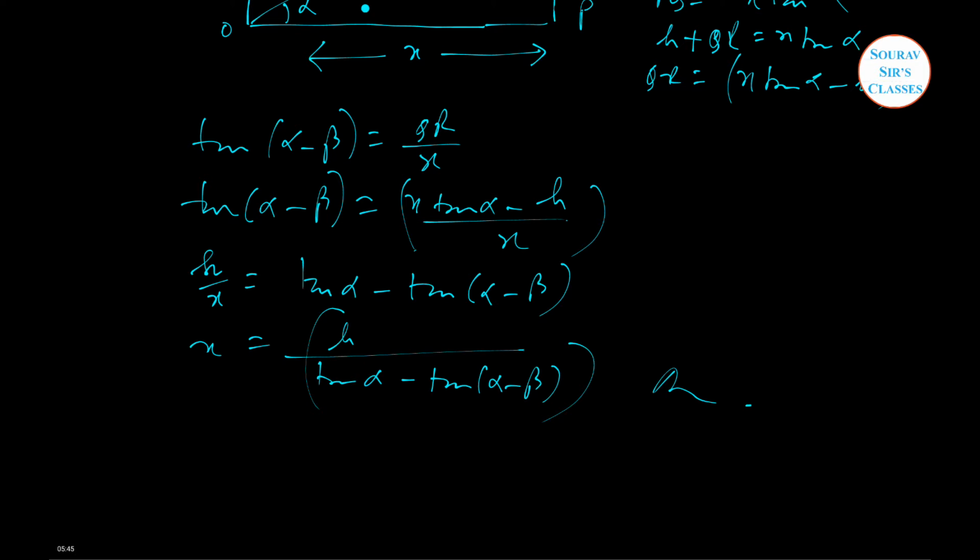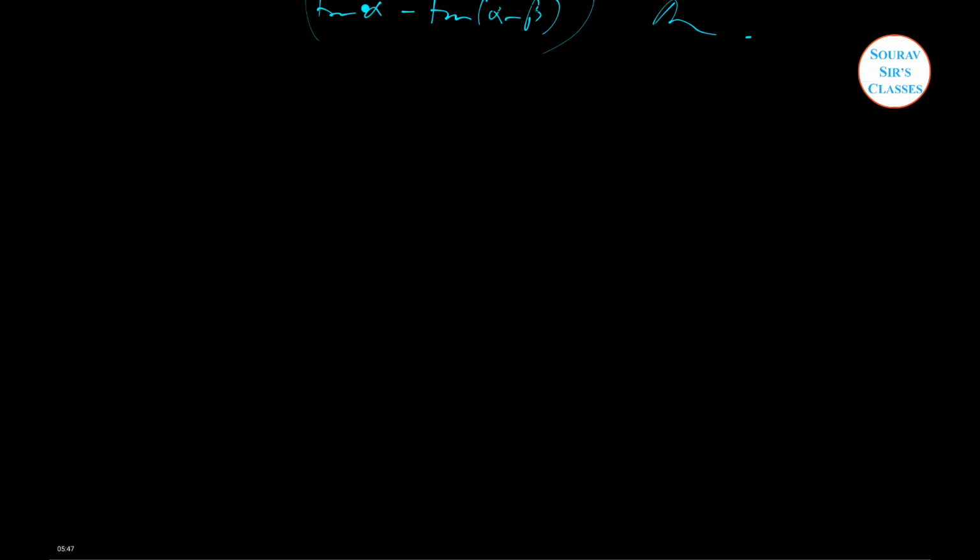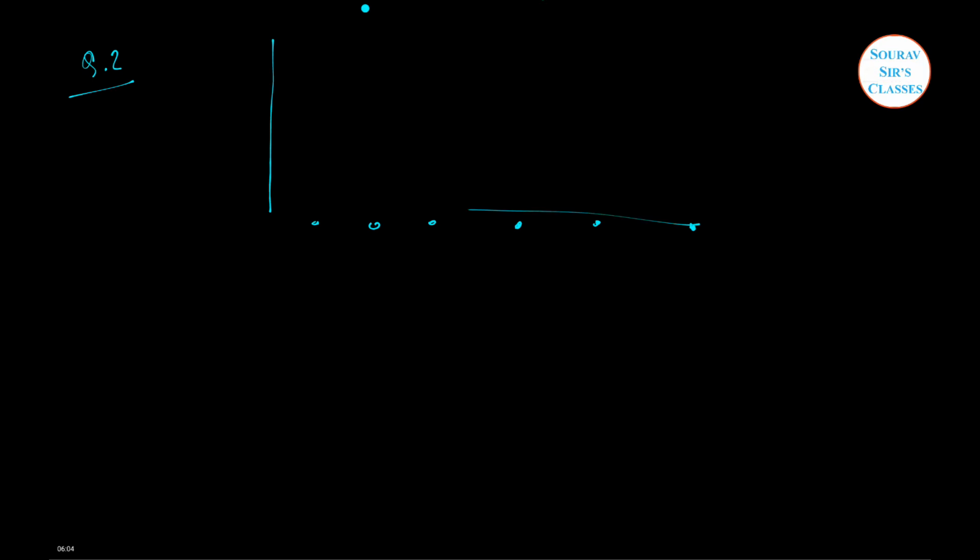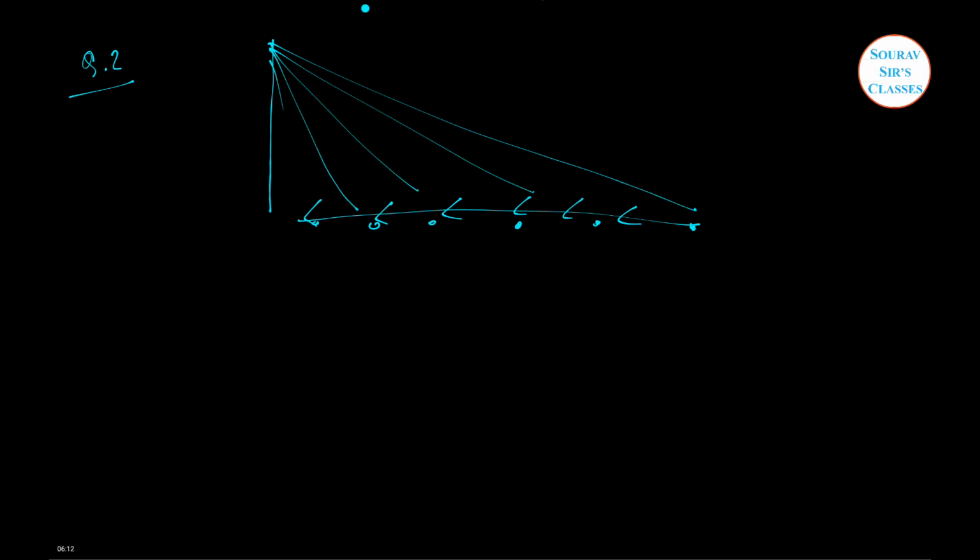Now the second question is about a vertical pole, shadows and how the shadows are changing. Remember that if this is the tower and you are here and you're here and you're here, and if you're proceeding like this, then the angle of elevation keeps on increasing.